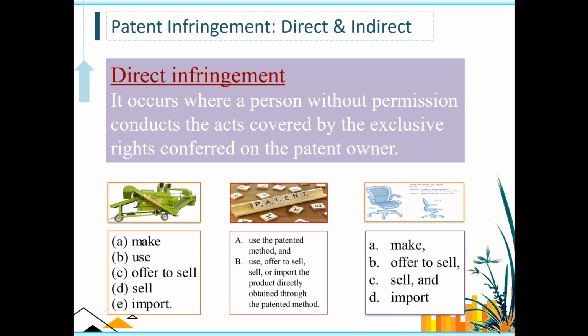Whereas in the case of indirect infringements, where a third party who was not the doer of those acts, making, using, selling, or importing, offering to sell, as defined under patent law, but merely facilitating the occurrence of direct infringements, for instance, by means of providing raw materials or key devices or a venue for the infringer to make infringing products, or renting a place for the infringer to sell the infringing products.